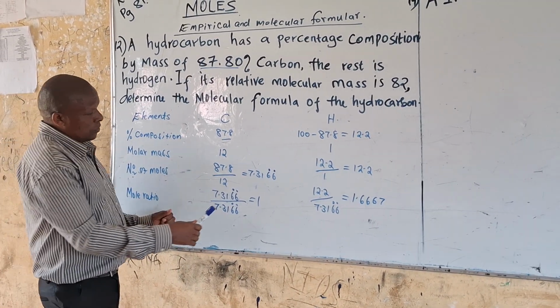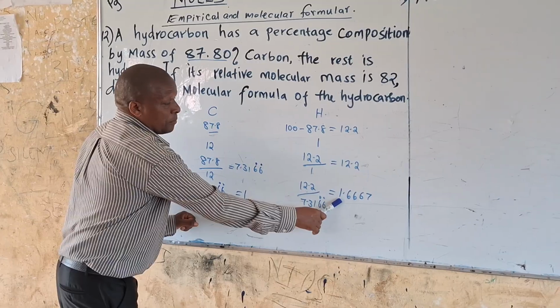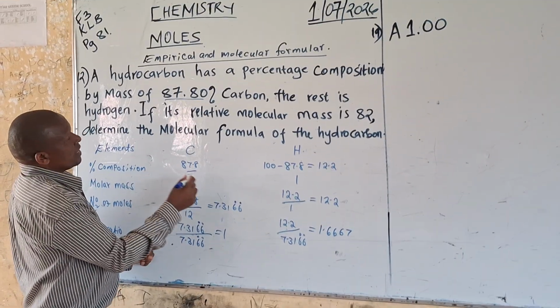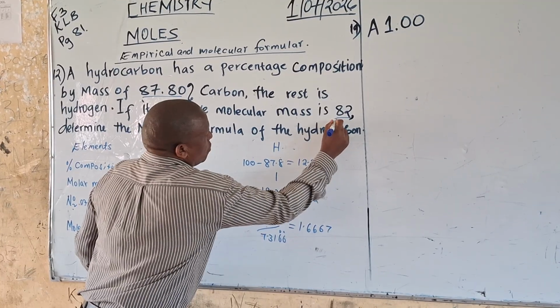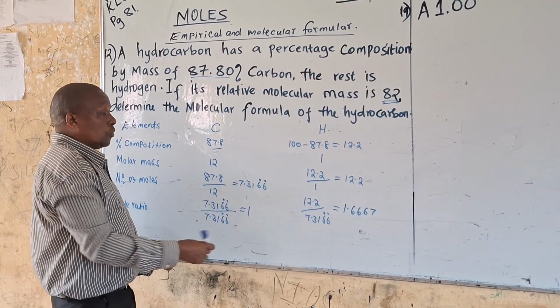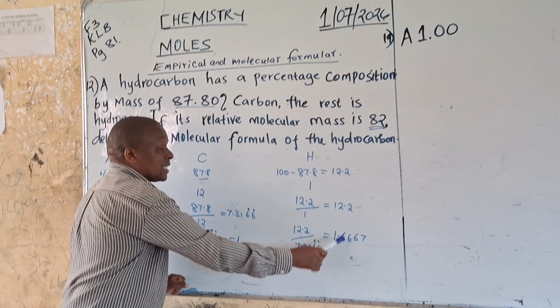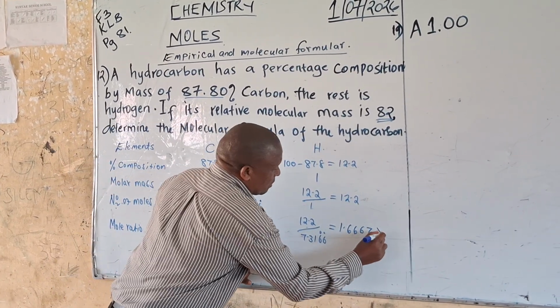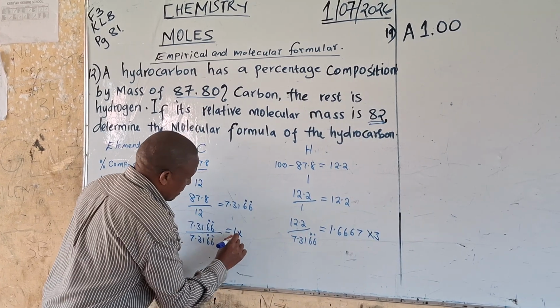Now, this is where most of the students usually get it wrong. If you say this is 1 and then you say this is approximately 2, that is wrong. You will not be able to get the relative formula mass, or the molecular mass, which is 82. The right thing to do, when you see 0.6666, is to multiply by 3. So here you multiply by 3, and here you multiply by 3.